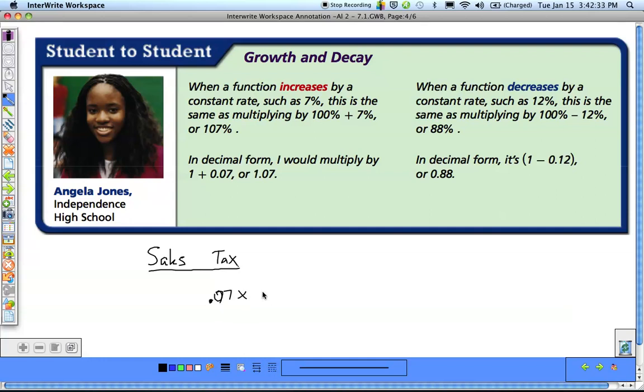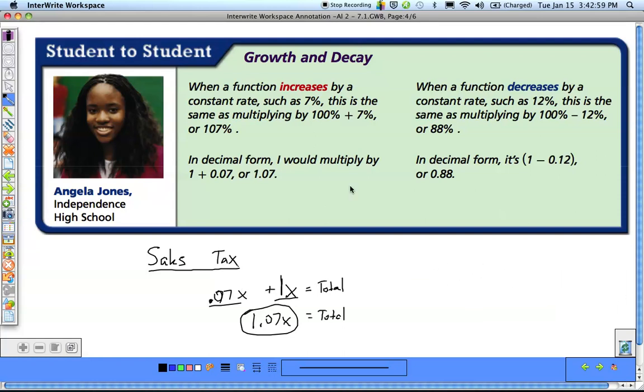But once you get that sales tax, you have to add it to the original price to get the total. Well, 0.07x plus x, which is like 1x, would give you a total of 1.07x. And that's the total price in one step. Instead of multiplying by 0.07 and then adding it to the original, we can just multiply by 1.07.